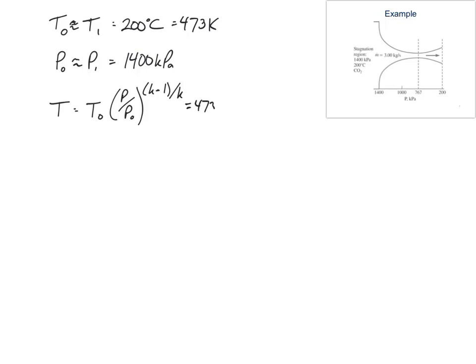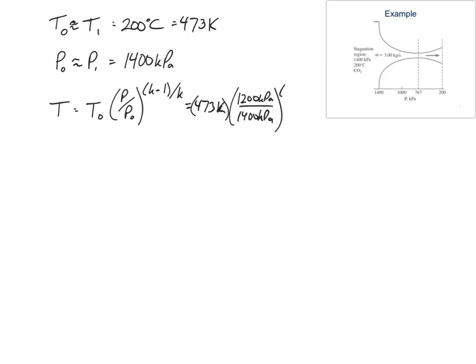So 473 Kelvin is the stagnation temperature, and the pressure we're trying to find this at is 1200 kilopascals, all divided by the stagnation pressure, which is 1400 kilopascals.